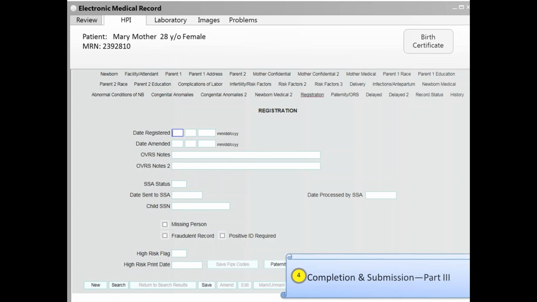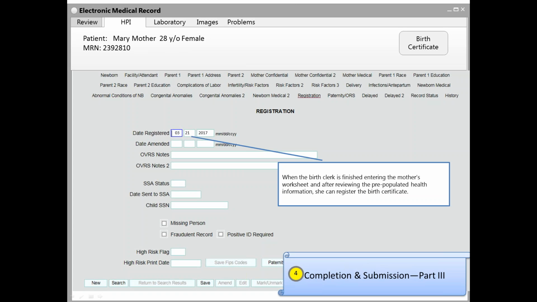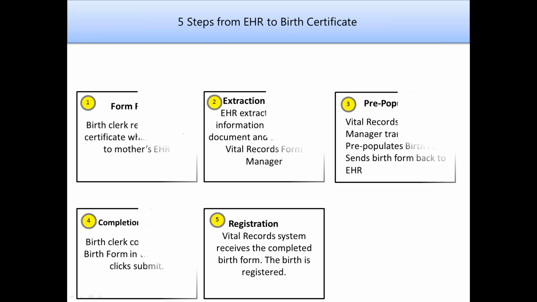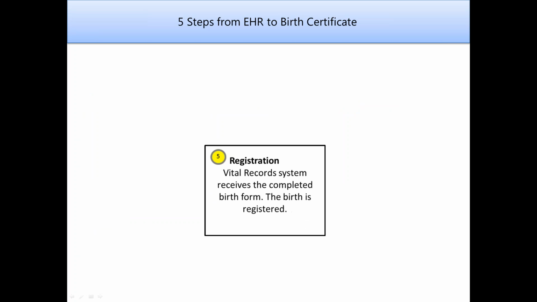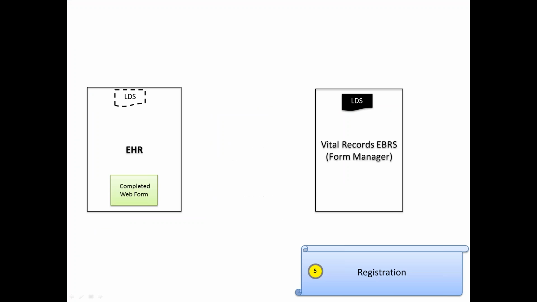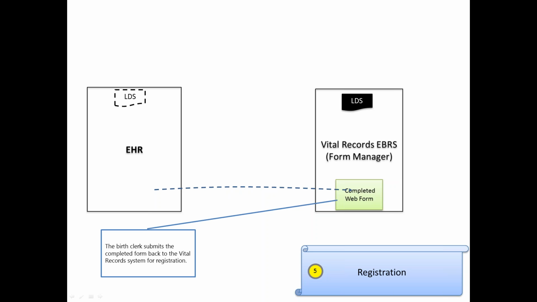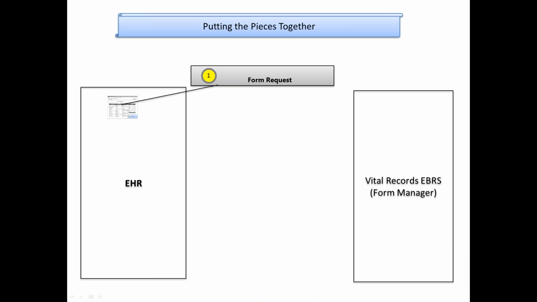Finally, when the information is all checked and ready, the birth clerk can enter relevant registration information, submit the document back to Vital Statistics for registration. Back in the form manager, the completed web form is received from the EHR, where it is checked for quality and consistency, and it is registered.